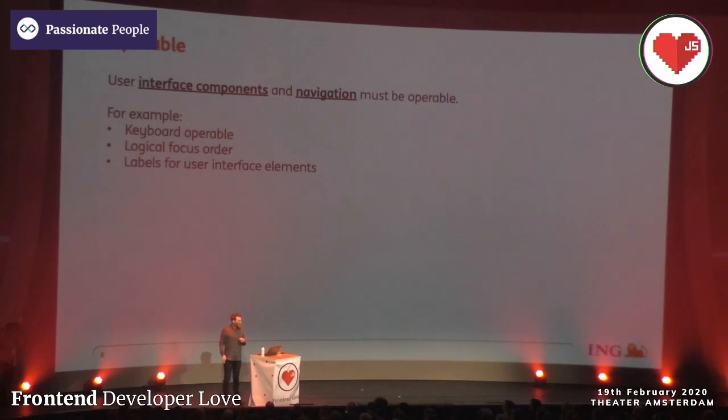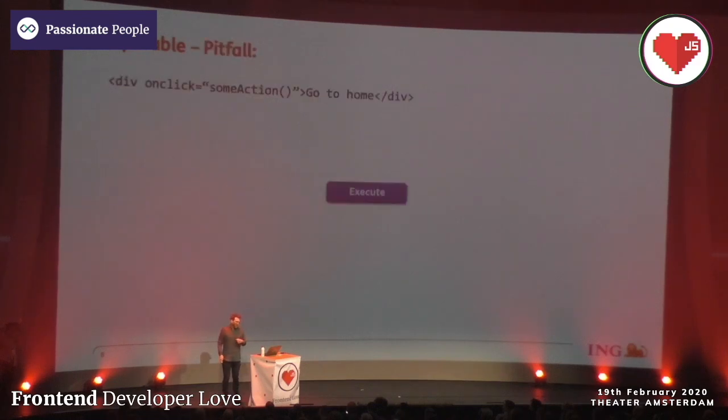Then there's a big pitfall in operable. I see this quite often still today sometimes. The problem with this one is a div is meaningless. It doesn't have a particular role, so it's not an interactive element. So if you would tab through your application, you would never reach this particular element.